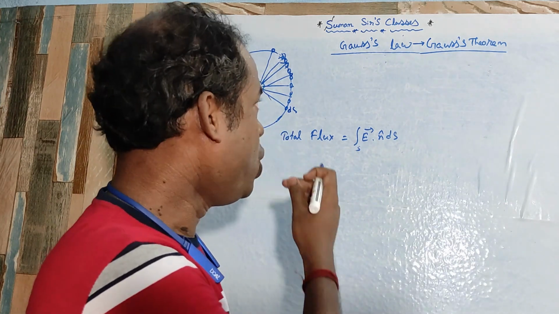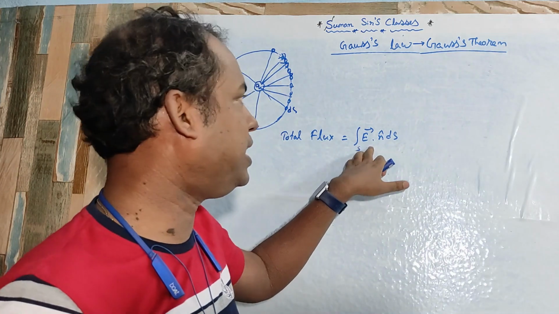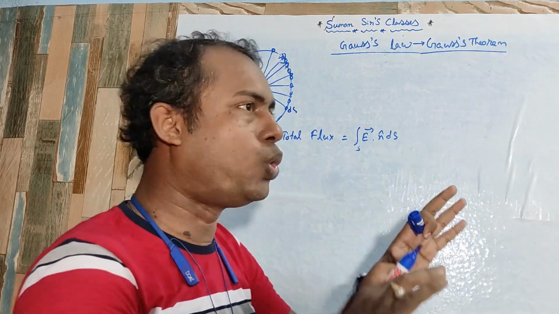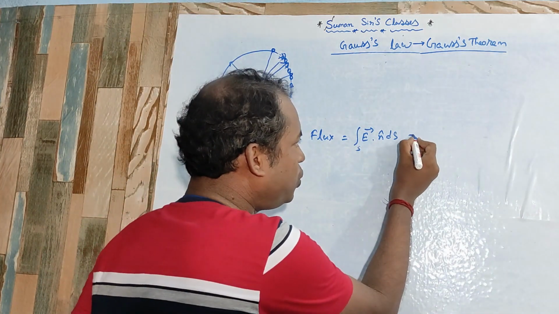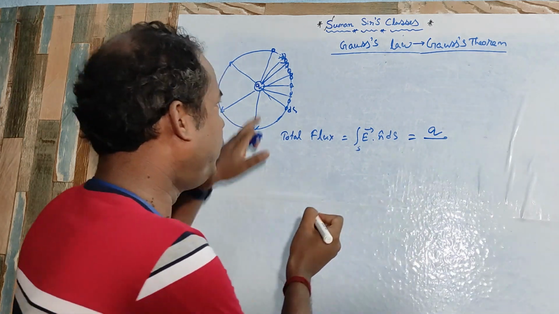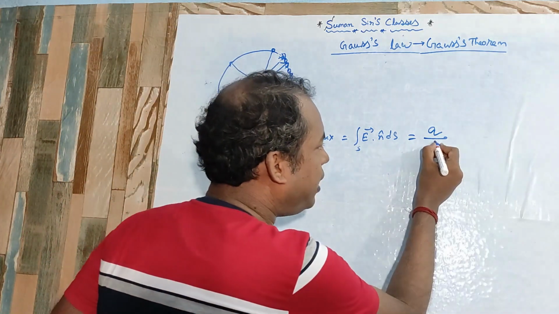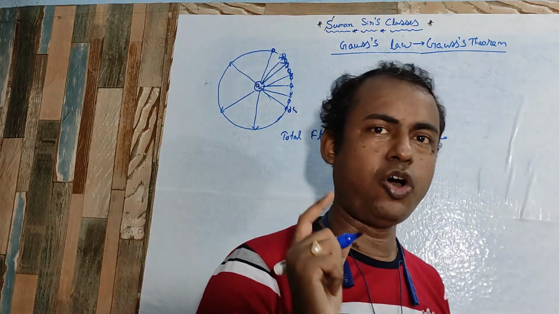So the Gauss law, Gauss theorem, is stated as: the surface integral of E dot n cap ds, that is the total flux related to this surface, equals the total charge within the surface divided by the free space permittivity, epsilon naught.